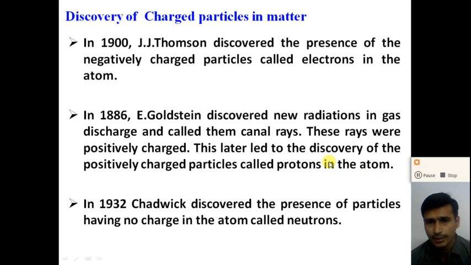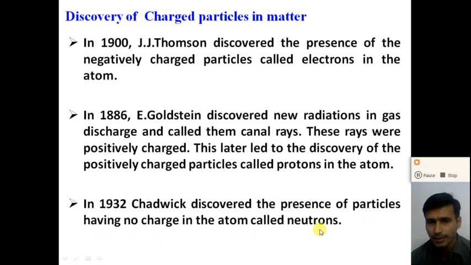So what are the canal rays? The radiation produced in the gas discharge is called canal rays, and canal rays were positively charged. Later these canal rays led to the discovery of the positively charged particle called the proton in the atom. In 1932, Chadwick discovered the presence of a particle having no charge in the atom, called the neutron, right?